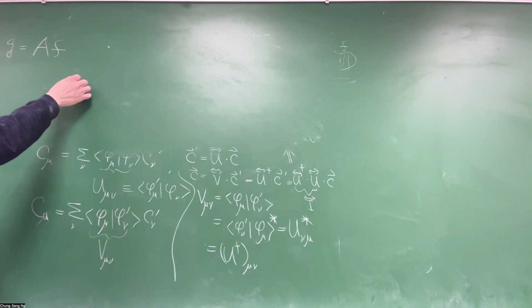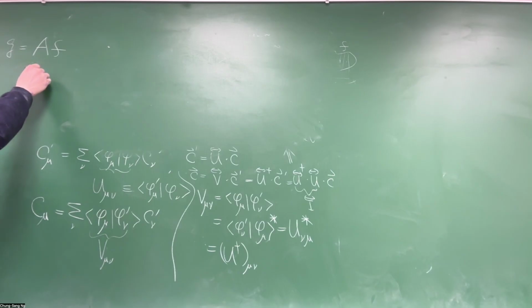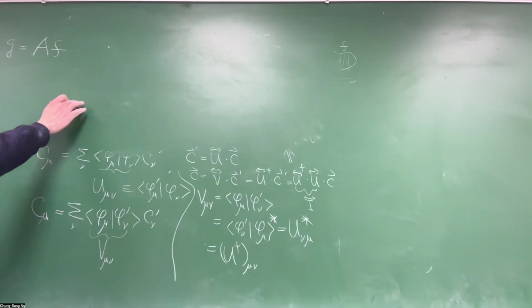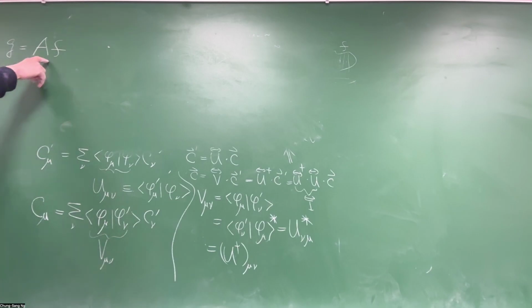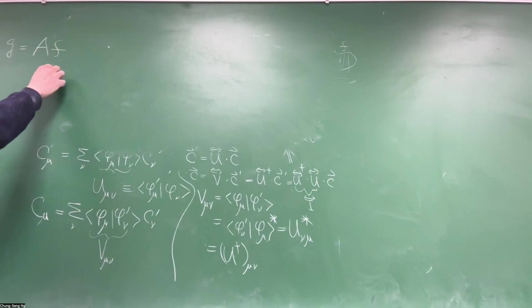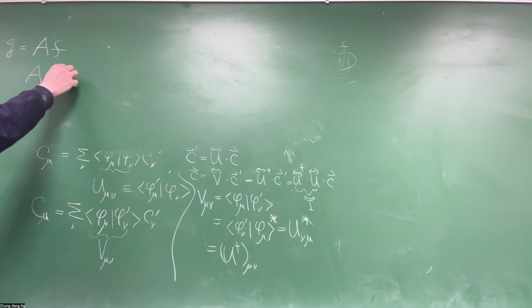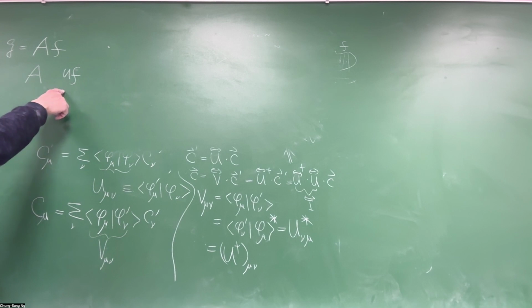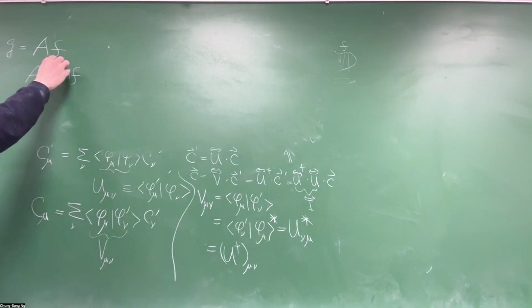If you try to transform F from the old basis to the new basis, you need a U. You need to multiply by U on F. But then to keep it the same, you need to multiply by U inverse.